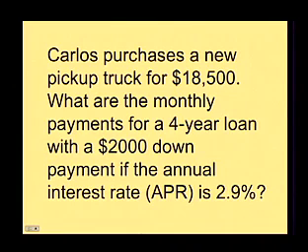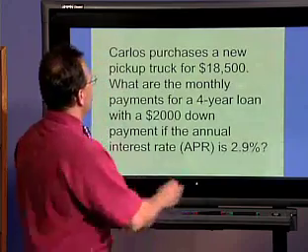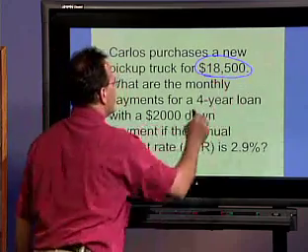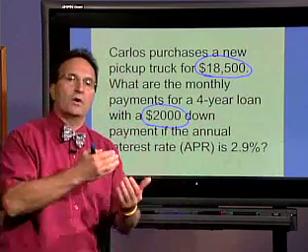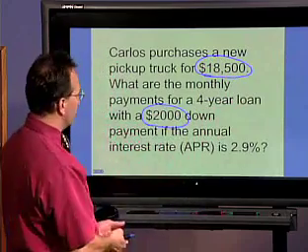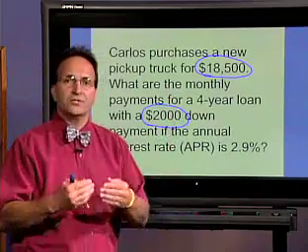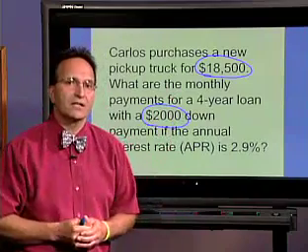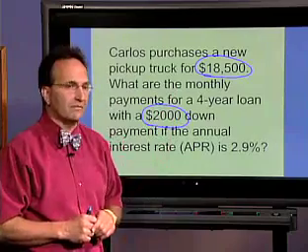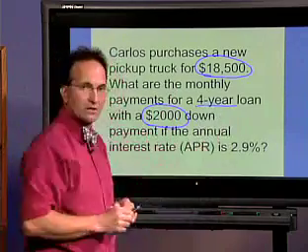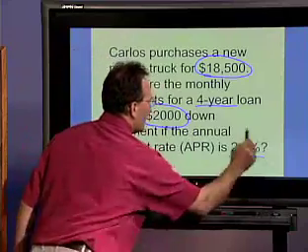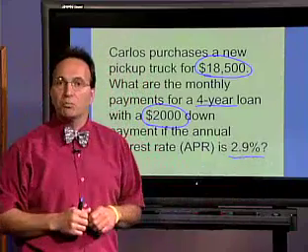So, important information that we need in this particular problem: we have to take into account that he is going to put a down payment of $2,000, which means that in terms of the loan, he's only taking a loan for $16,500. The other information: it's a 4-year loan, and the interest rate is 2.9%.